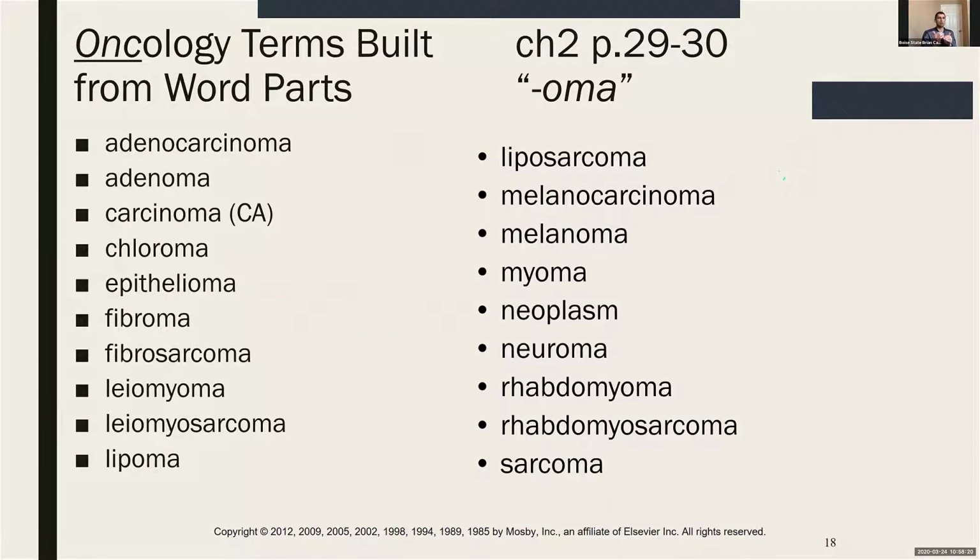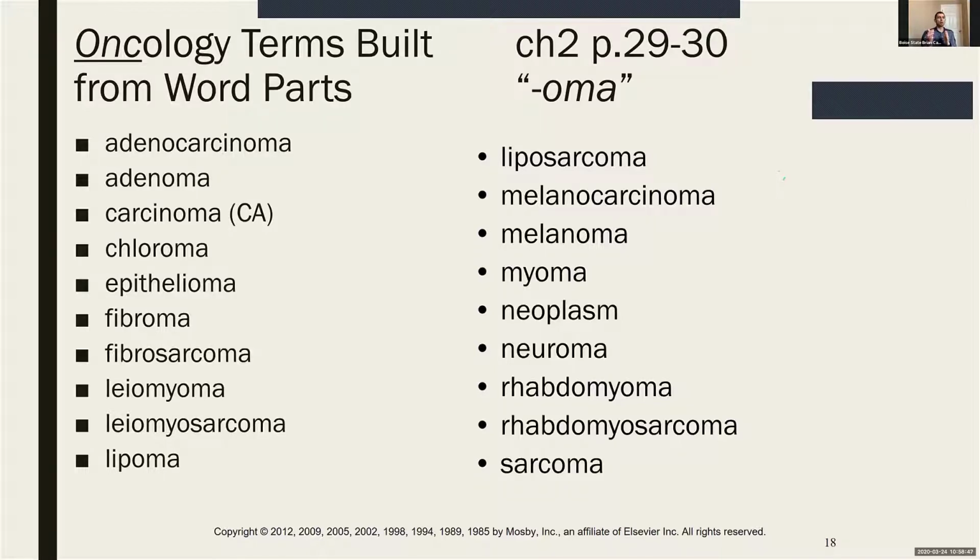So there's a cancer. If it's the sarcoma, it is a malignant cancer. So the rhabdomyoma, we just know that it's a tumor of some sort, but we don't know whether it's malignant or benign, cancerous or non-cancerous. It's just -oma. But if we look at sarcoma, then we know that rhabdomyosarcoma is actually a malignant tumor.